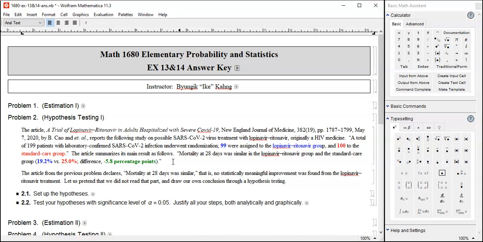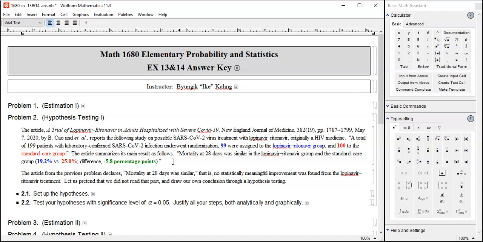A total of 199 patients with laboratory-confirmed SARS-CoV-2 infection underwent randomization. 99 were assigned to the treatment group and 100 to the standard care group.